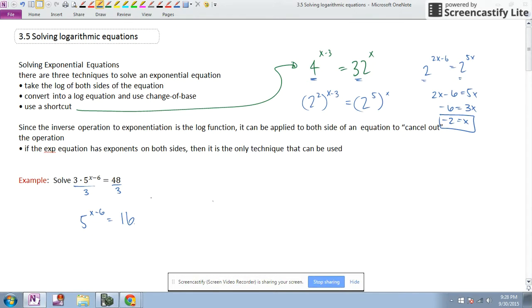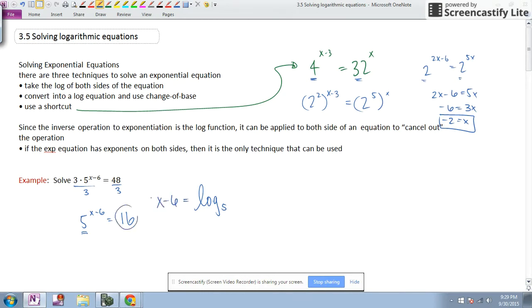I could try to convert using change of base. I could try taking the logs of both sides, so it doesn't matter. Let's first convert, the way we learned in rewriting. And so the way I would rewrite this problem is the base is 5. So on my logarithm, the base will be 5. Remember that logs are always equal to the exponent, so I know it's equal to whatever the exponent is.